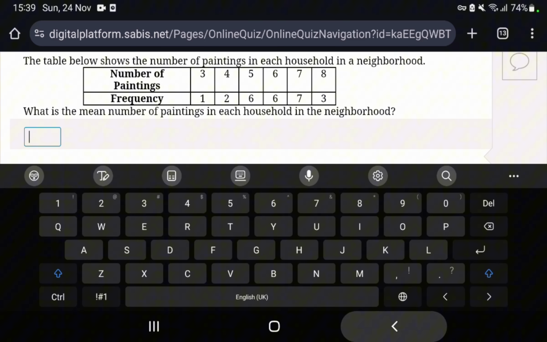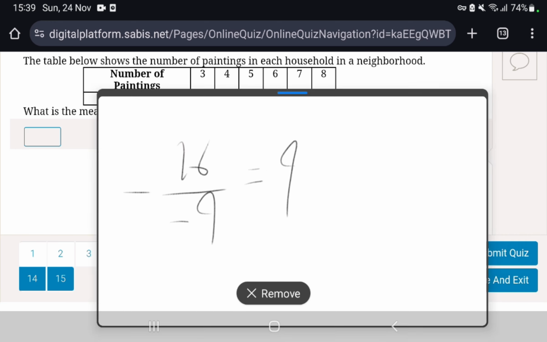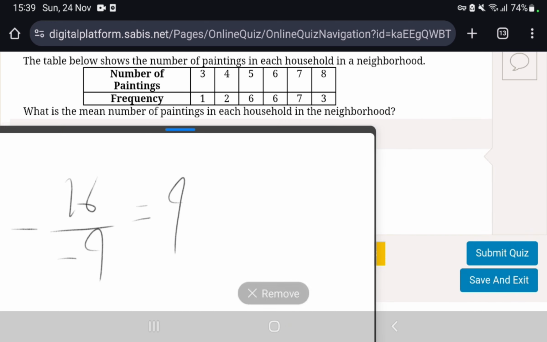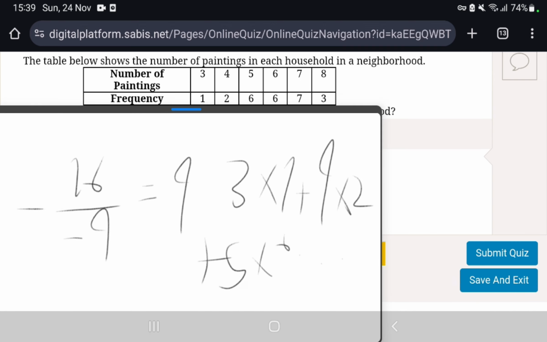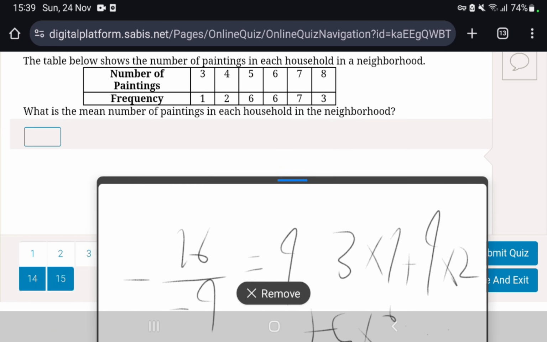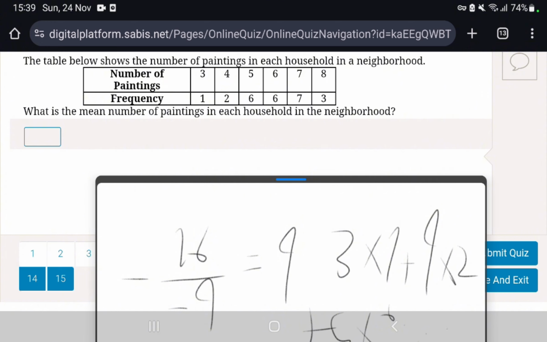So for the mean, we do 3 times 1 plus 4 times 2 plus 5 times 6, so on until we get 8 times 3, all of that divided by the total frequency, which is 25.